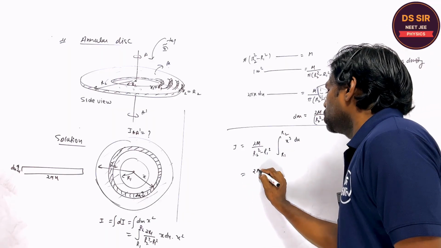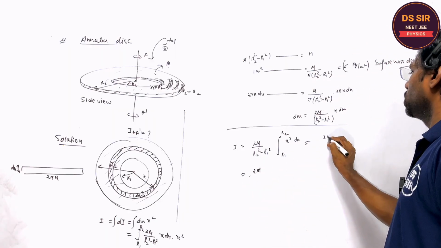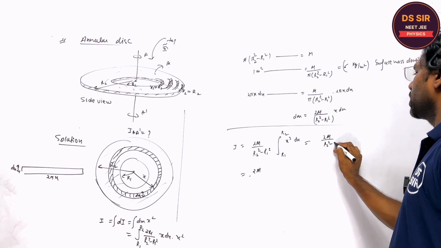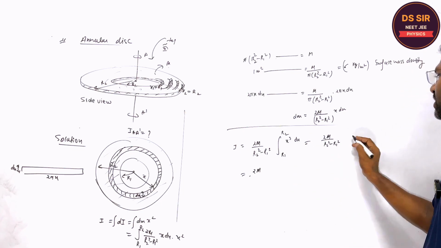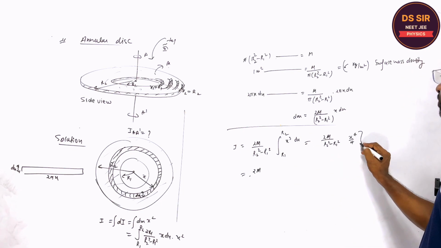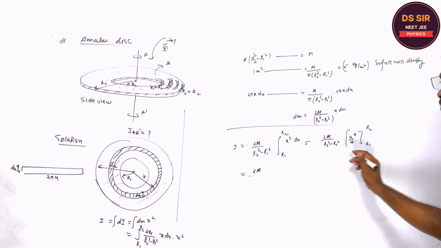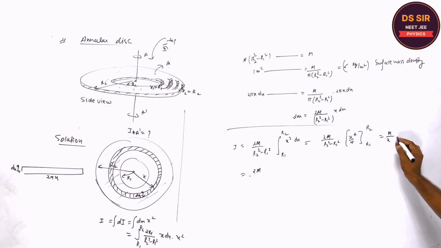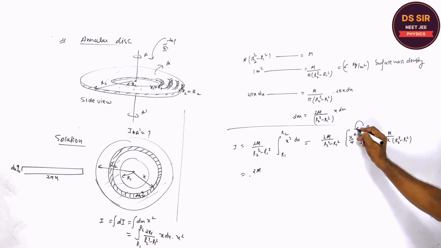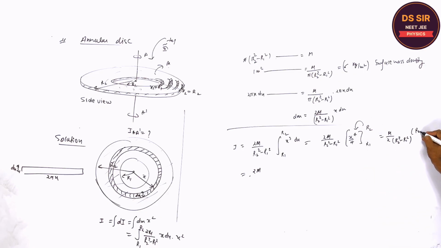So 2M upon r2 square minus r1 square, and the integration gives x to the power 4 upon 4 from r1 to r2, right? So 2 and 4 will cancel out. M upon 2, r2 square minus r1 square. Put the upper limit, r2 to the power 4, minus r1 to the power 4.